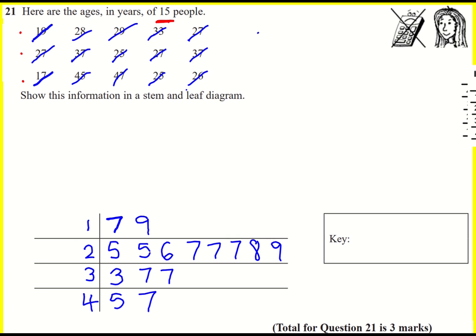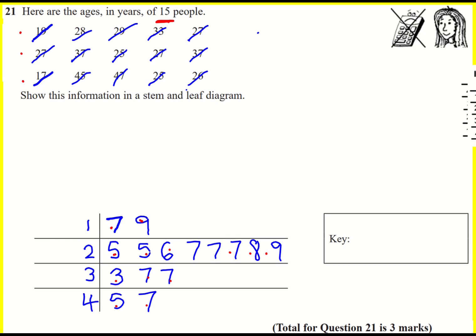Count that you've got 15 here: 1, 2, 3, 4, 5, 6, 7, 8, 9, 10, 11, 12, 13, 14, 15. Great, I've got them all. 15 values. So this is an ordered stem and leaf. I've ordered it from smallest to biggest.